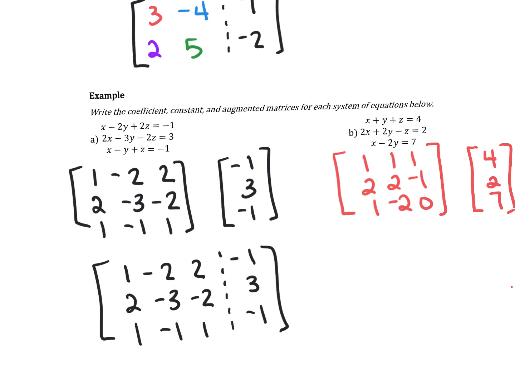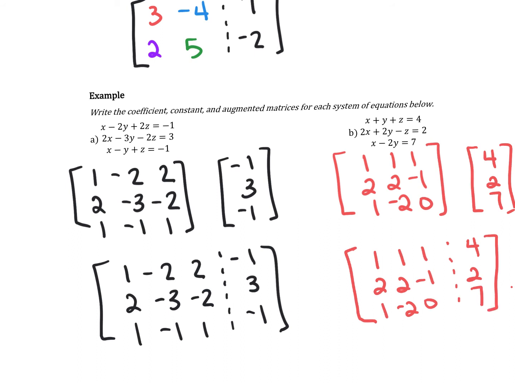And then the augment of these matrices: 1, 1, 1, 2, 2, -1, 1, -2, 0. And I'm going to augment the constant matrix with it, 4, 2, 7. So that's how we create the actual coefficient, constant, and augmented matrices. Those are the 3 matrices we can get from a system.